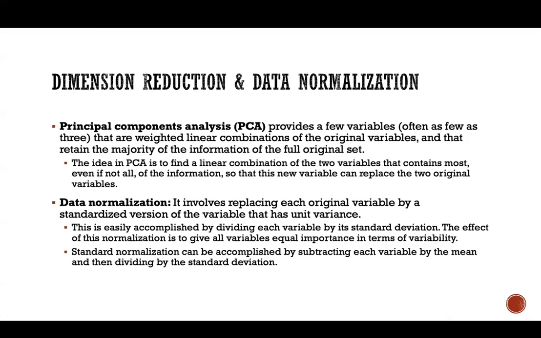Now, we talked about dimension reduction earlier. Sometimes we have to reduce the dimension in the data, and one of the ways in which we can do this is principal component analysis.